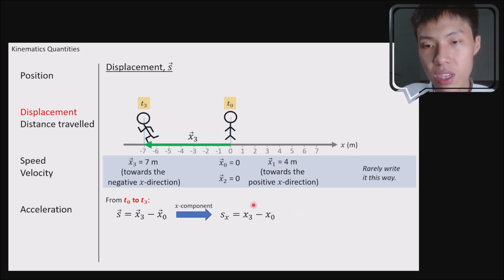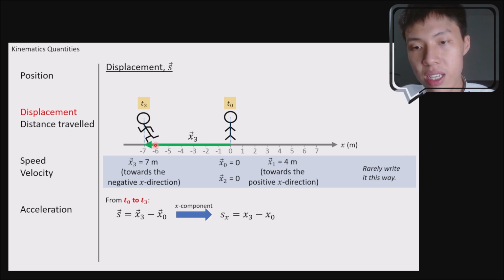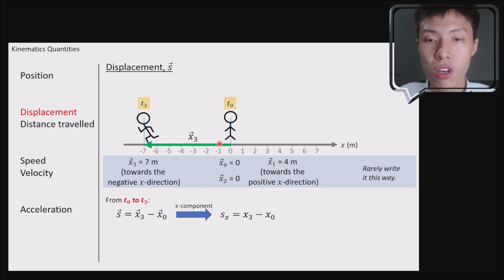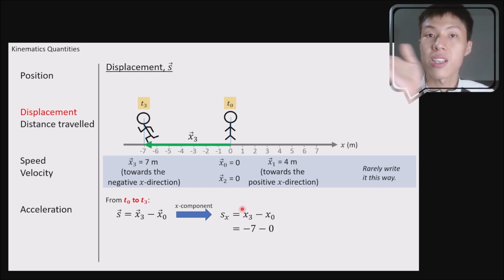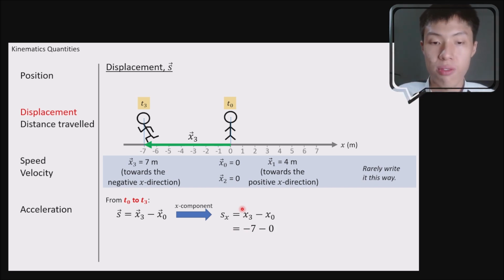Now x3 here is 7 meters towards the negative x direction. So if we change it into an x component, because it's towards the negative x direction, you should have negative 7 for your x component of x3. Because you resolve this vector into its x component, and it's pointing in the negative x direction, therefore you should have negative.